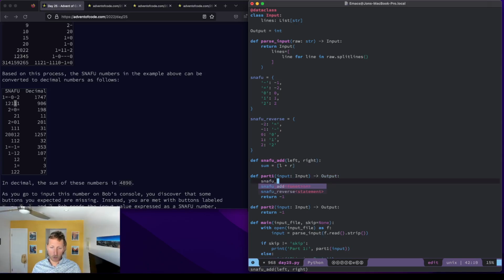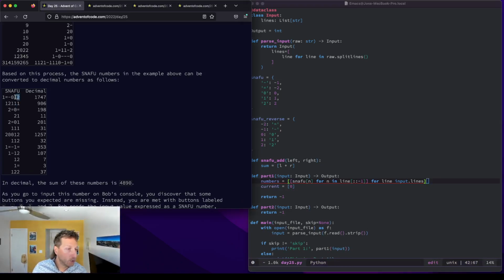So snafu numbers equals snafu(n) for n in reversed(line) for line in input.lines. So we have each of our numbers represented as, so this would be 2, -1, 0, -1, -2, 1.